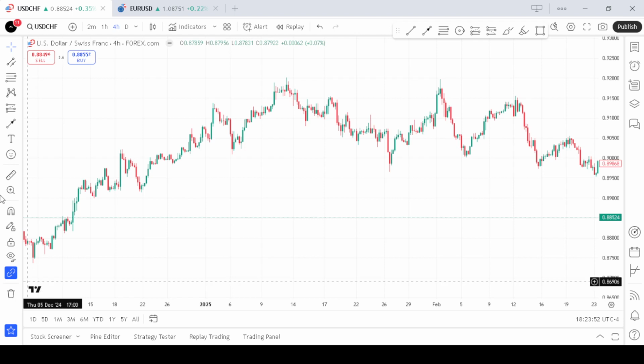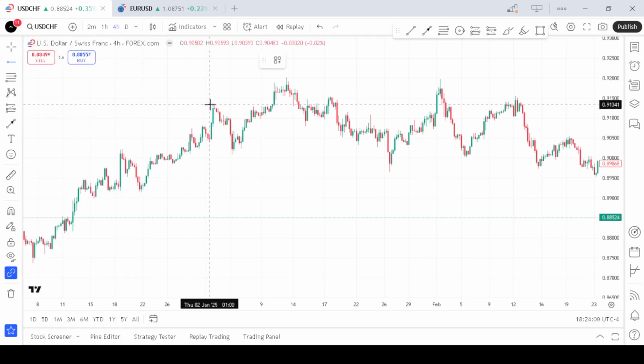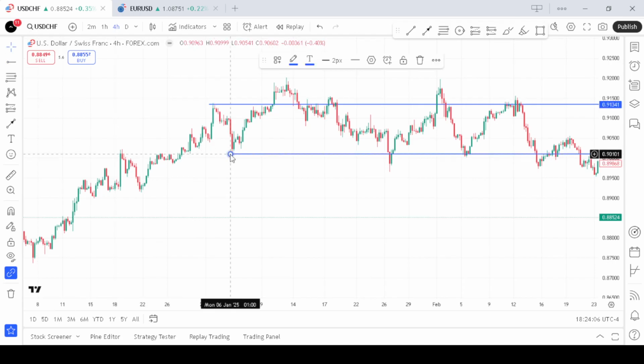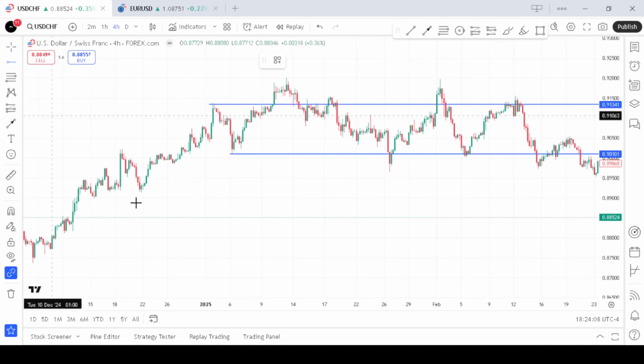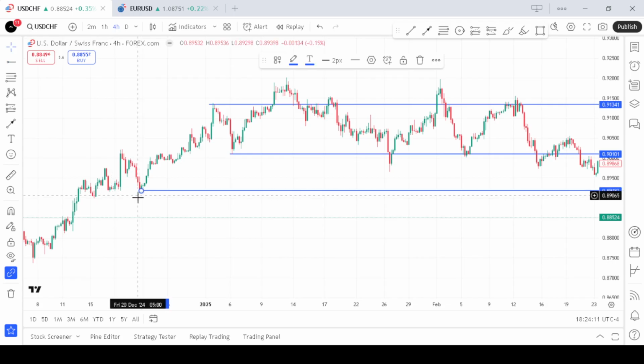You can use tools like the horizontal ray. They can help you mark out both your support and your resistance on your chart. We can also use tools like our rectangles or our ray.